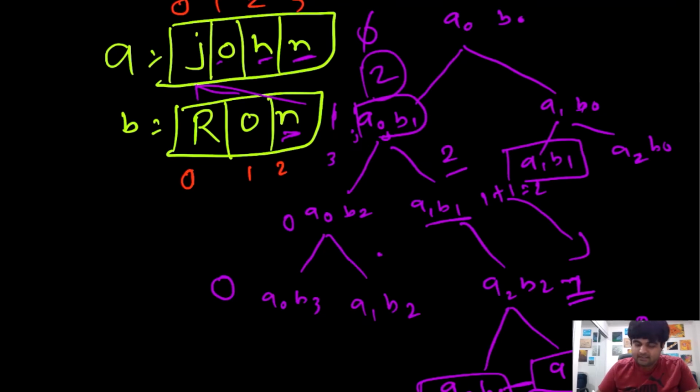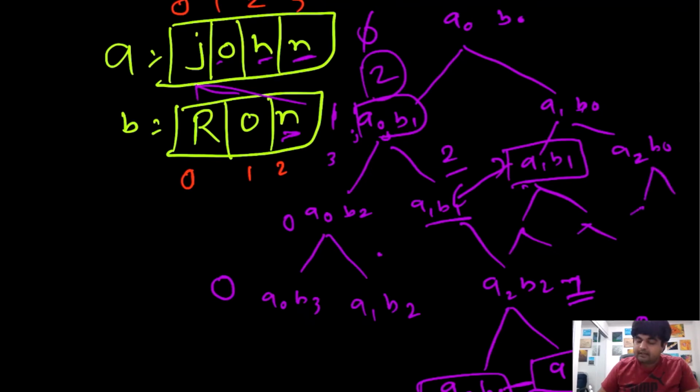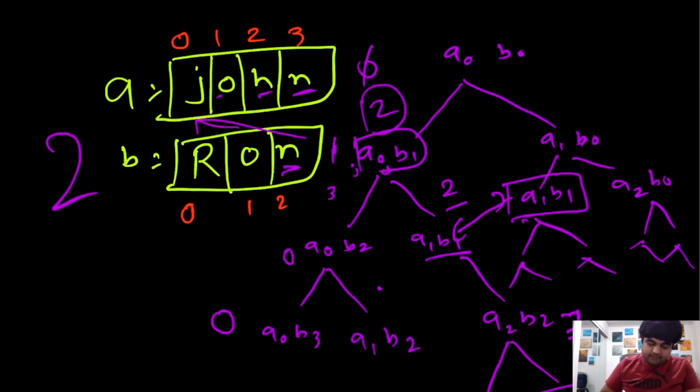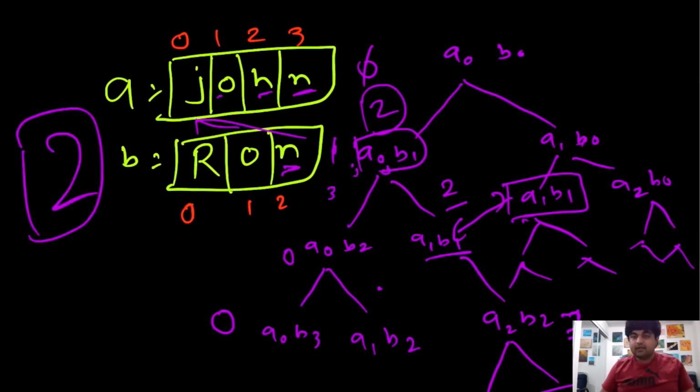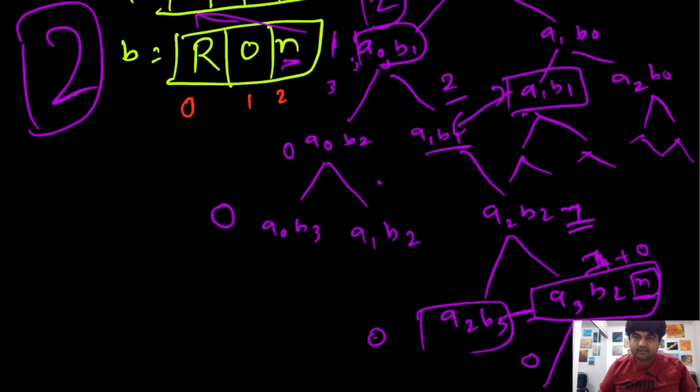Yes, it does, because we have already calculated its results right across, very next to it. Let me clean this up a bit. So we have already calculated this result, but we are still going, and will keep on going, and eventually we will find the solution as 2, because the longest common subsequence we have over here is of value 2.